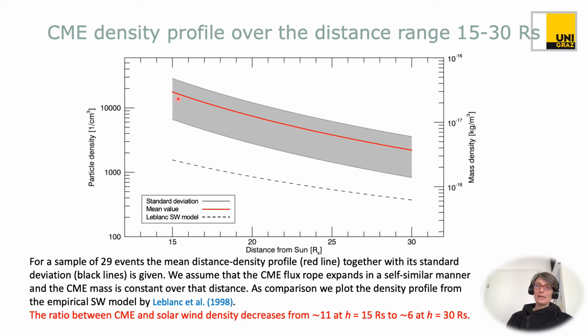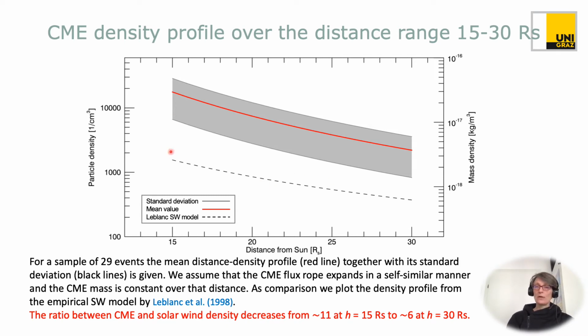So applying these methods on 29 CME events that were well observed, we derive the mean density of the sample and standard deviation. And in comparison, we give the Leblanc solar wind model for the density.